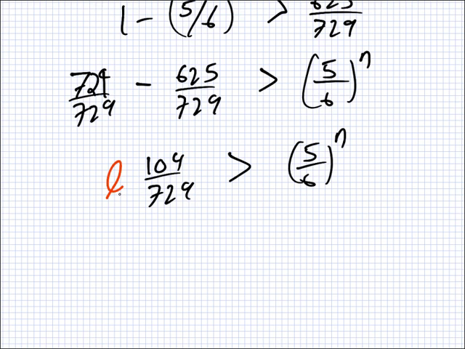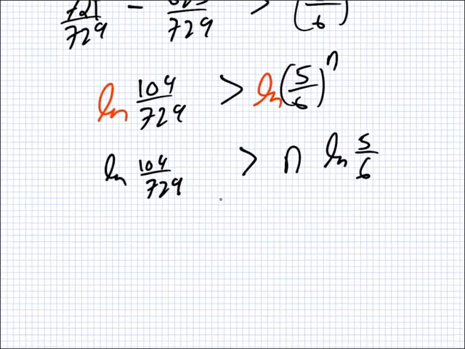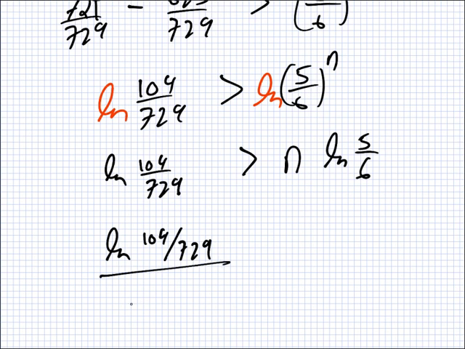That's dirty. ln is better. So then you get ln of 104 over 729 more than n ln 5 over 6. Now watch carefully. ln of 104 over 729 over ln 5 over 6 is less than n.